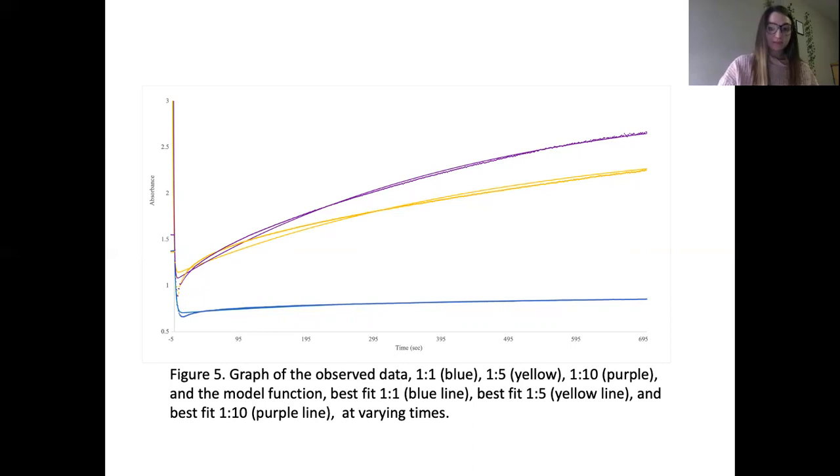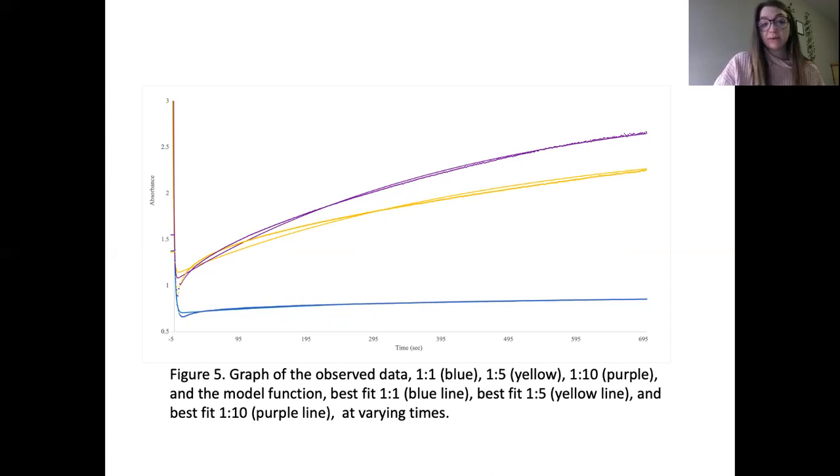We were able to do this using a global fit. We added our exponential decay and our exponential growth, and we were able to create a global best fit for all of these reactions. In blue here, the blue dots are the observed data, and the blue line is our global best fit for the 1:1 molar ratio.